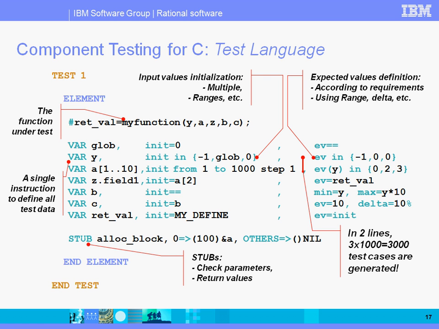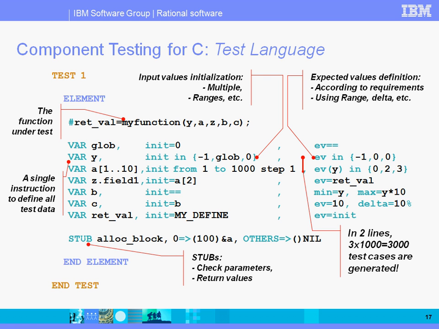If we look at this slide, there are various ways of assigning values to the global variables. X is a variable initialized with 0, and Y is another variable initialized with 3 values. That means we can assign a range of values.